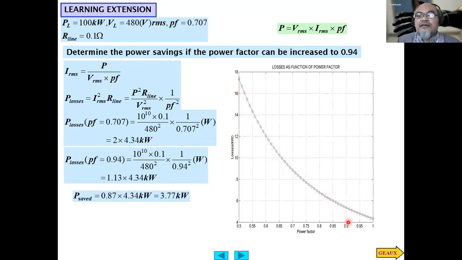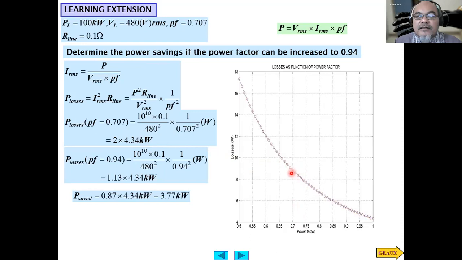So here, for example, if it is 0.707, around this value, we will have a loss of 8.68, so around this region.